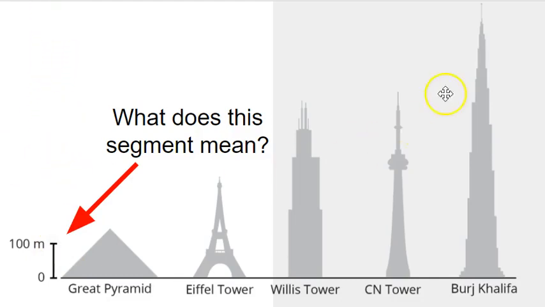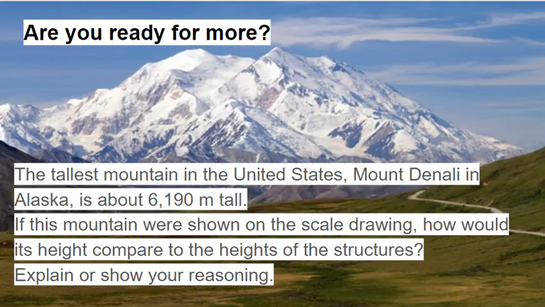So it would not fit on this picture, would it? It would be significantly larger. You would just see the tiniest piece, because even if we went all the way up with the Burj Khalifa, you're still significantly farther than 6,100. That would be 61 times this distance, which is clearly well off the screen and off the scale of what we have there.